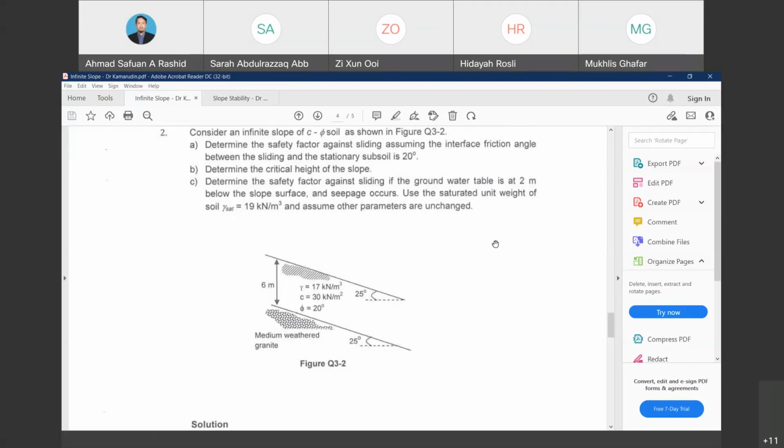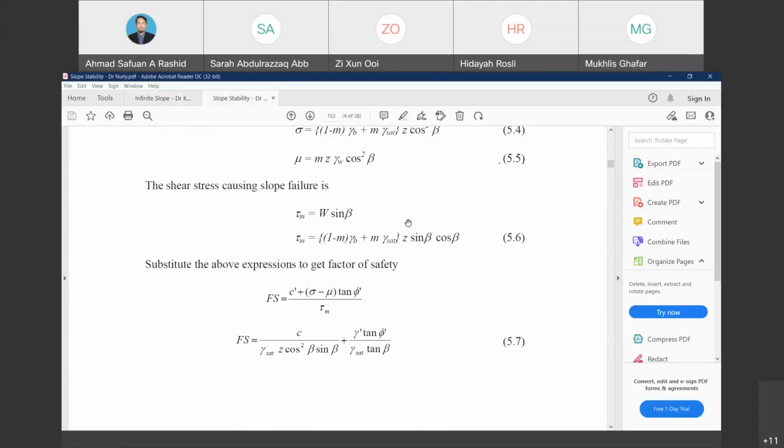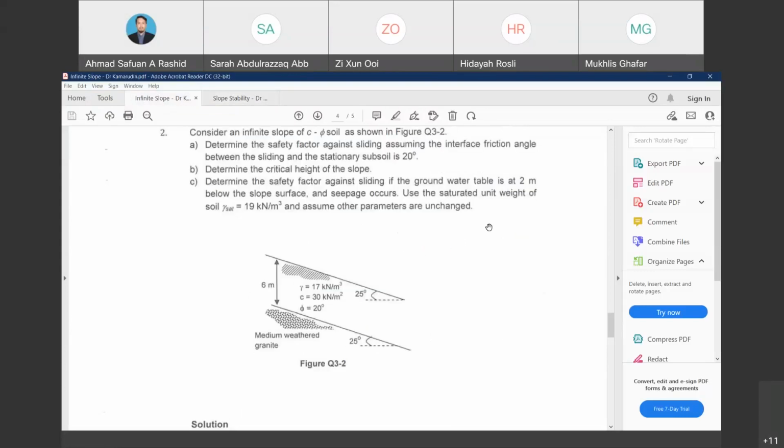So that will be a possible question for your project or your assignment, because if I give you a straightforward problem, you can easily just use all these formulas and put the input inside the formula.